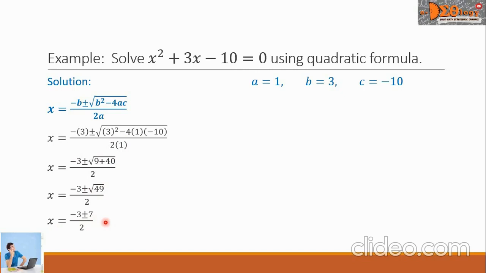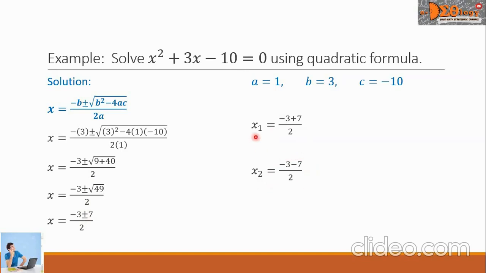The first equation using the positive sign here, and the second equation using the negative sign. So the two values of x are x sub 1 equals negative 3 plus 7 all over 2, and x sub 2 equals negative 3 minus 7 all over 2.